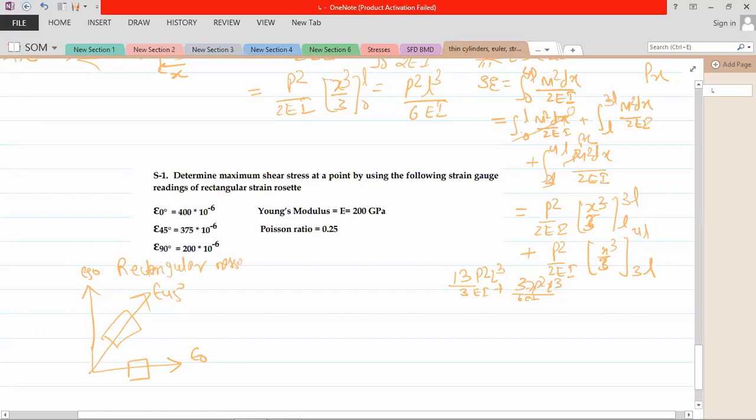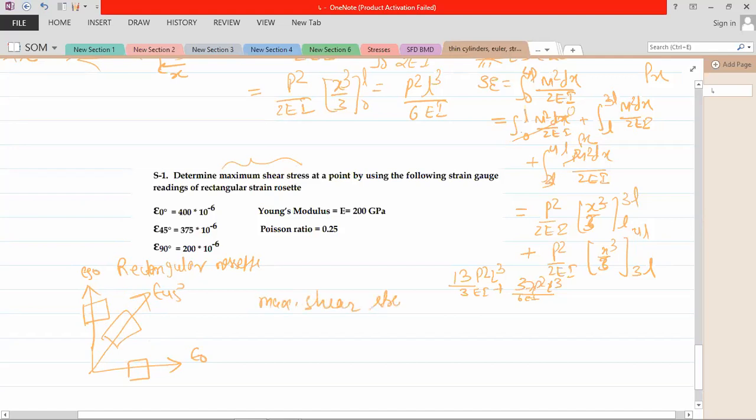Now you need to find the maximum shear stress at a point. So these are the values given for the 3 strain gauges, and you need to find the maximum shear stress.